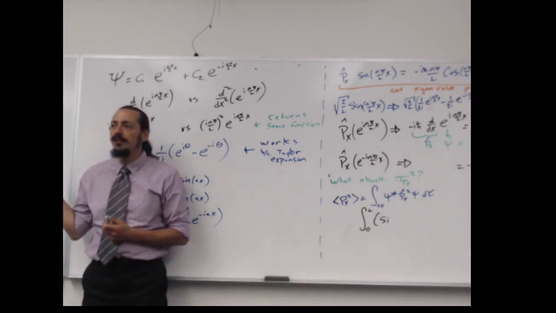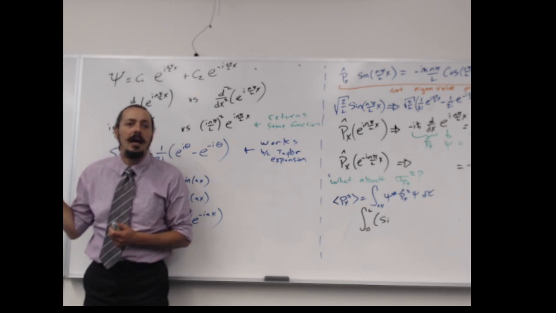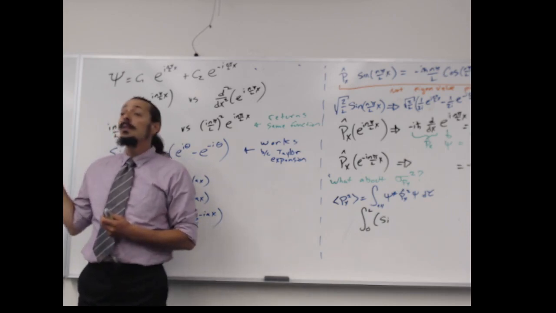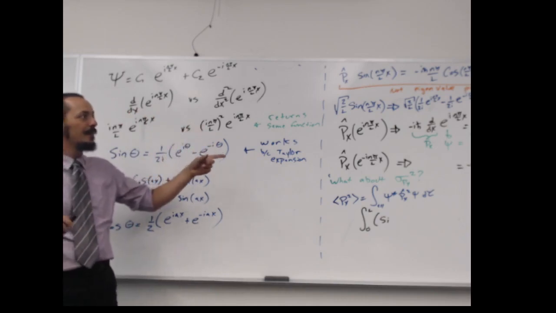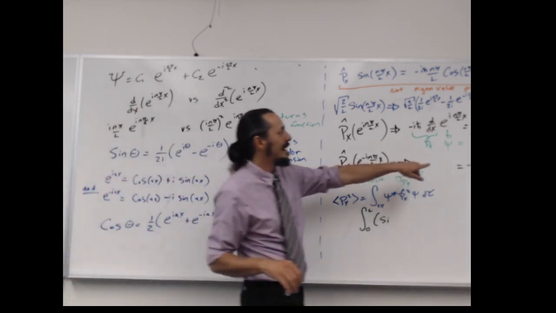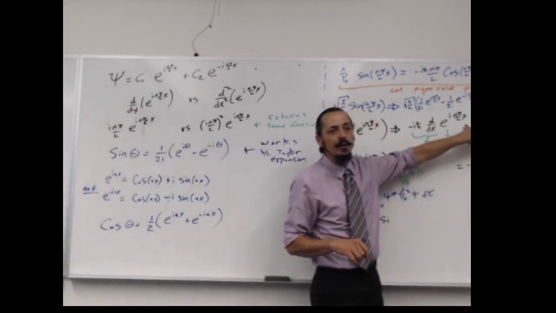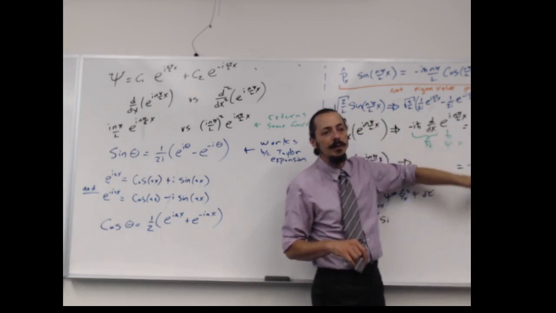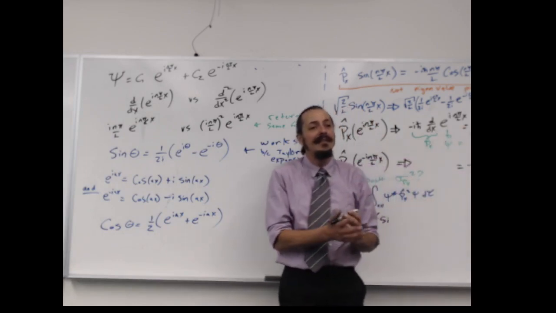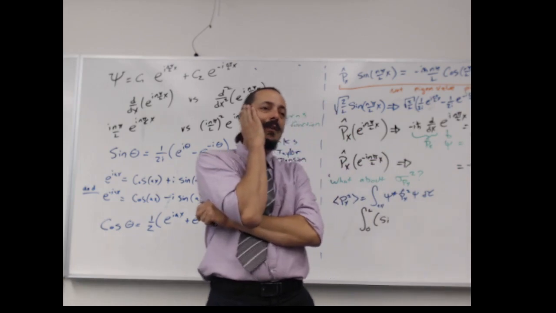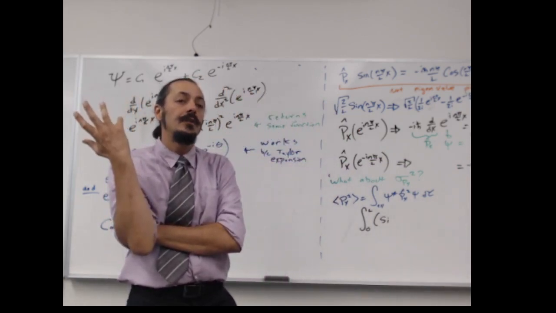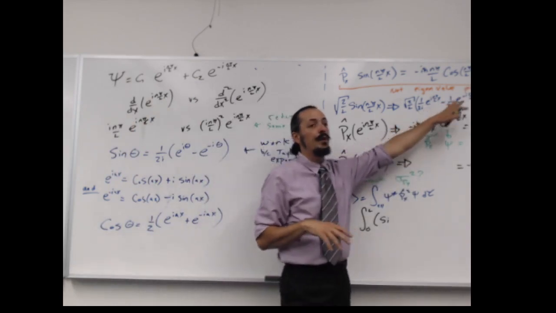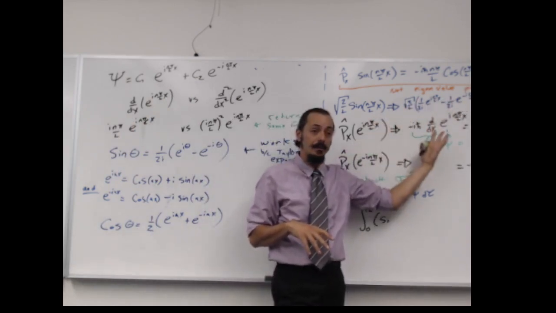It was just as easy to use sine as it is to use e to the i n pi's. When we looked at momentum, it turned out that if we just used the sine functions, we couldn't get this idea of individual eigenvalues associated with the momentum. So we switched our basis because I do want to figure out something about momentum, and I can't do that with the sine functions. So I switched to the exponential functions.